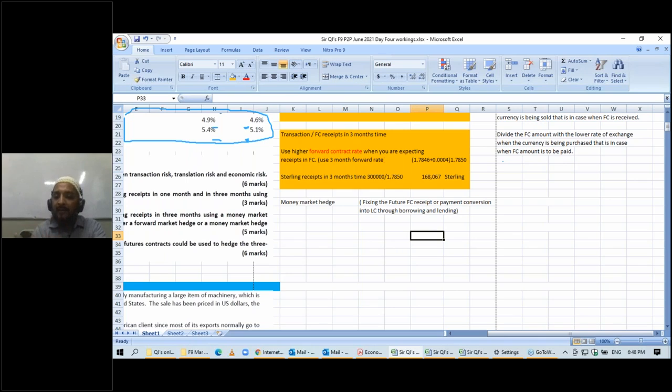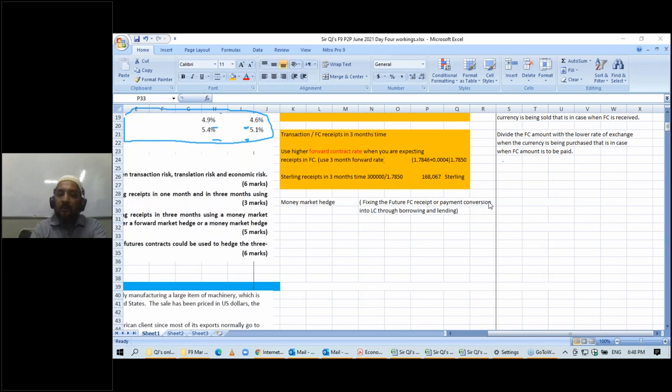So by borrowing and lending of foreign currency, if you fix the future local currency amount after converting the foreign currency amount into local currency, means you have reduced your risk of the change in cash flow in the local currency. So the effect of change in the spot rates is mitigated.